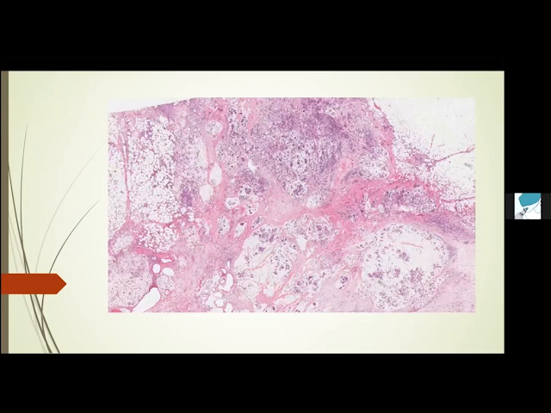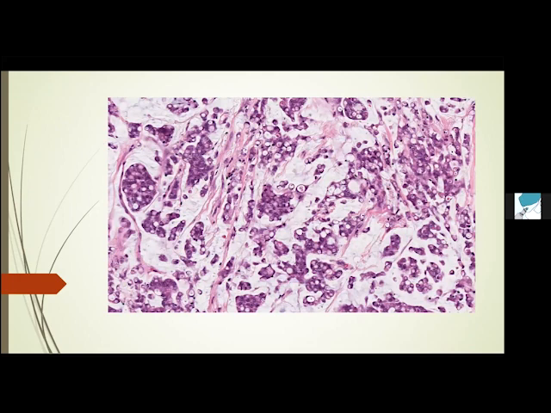On scanning magnification, we can easily see the infiltrative pattern of growth. And also there is some sort of a mucin or a matrix that has to be clarified a little bit better on higher power.